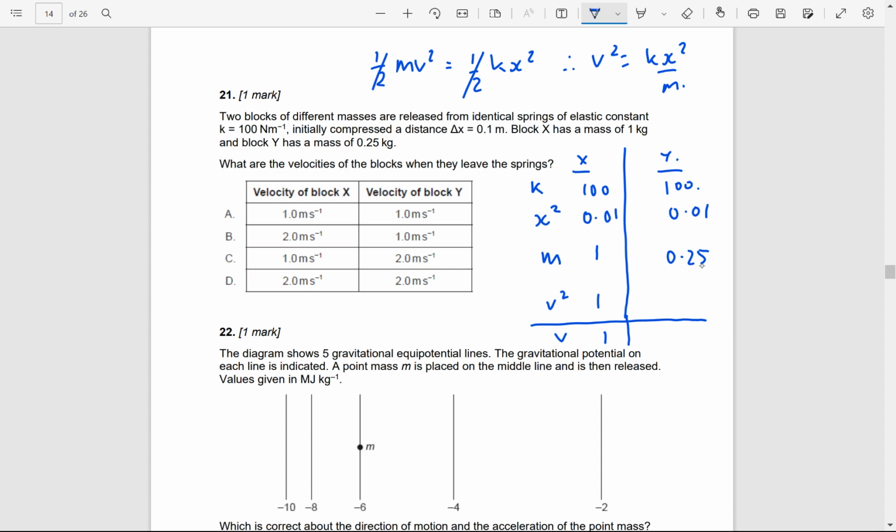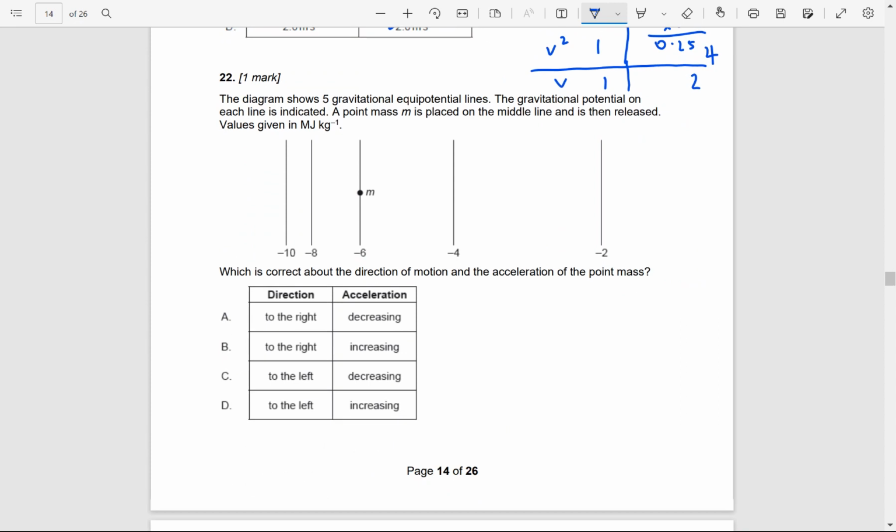And then for Y we've got 100 times 0.01 divided by 1/4. So 1 divided by 1/4 is 4. So V is 2. So block Y is 2 and block X is 1. So C.